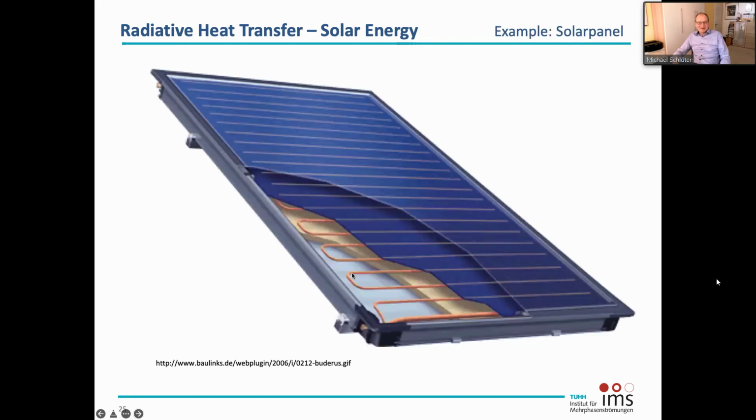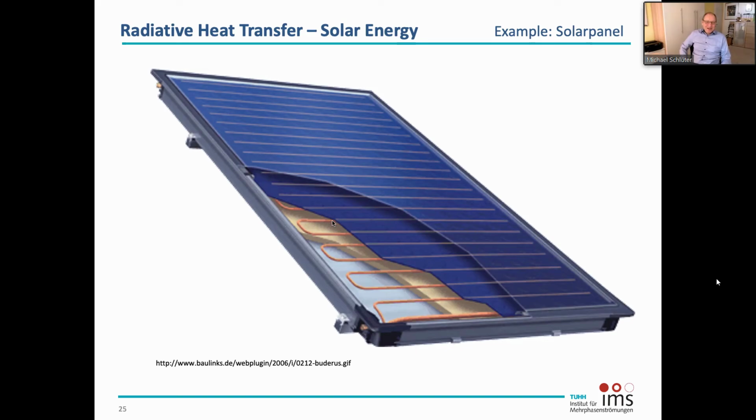It's just for you to see how it works. Okay, so in principle, you know how to use these equations to approximate the radiative heat transfer in a solar collector. And so, with some training, you should be able to design solar collectors.